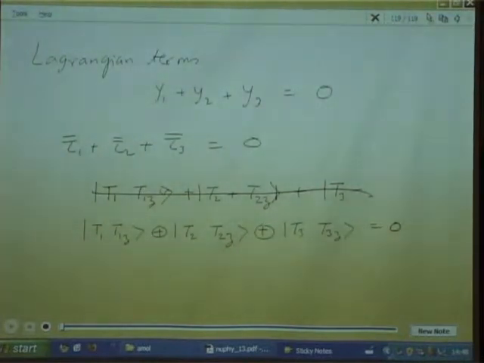So this tells you actually two things. This is something akin to the Wigner-Eckhart theorem. What does the Wigner-Eckhart theorem say? If the sum of these has to be equal to 0, then T3 must lie between.